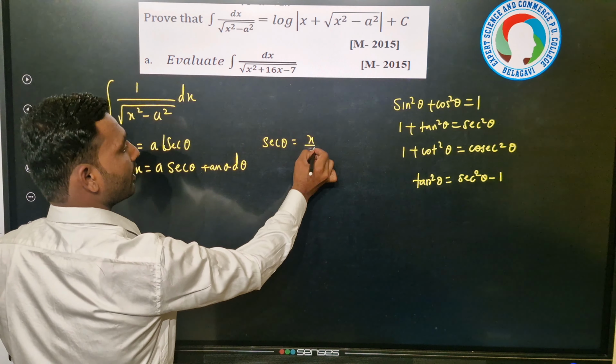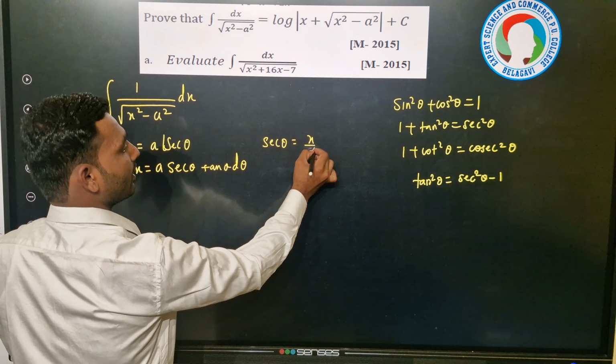Then 1 divided by square root of x square minus a square. So what is the value of x? a square sec square theta minus a square. And the value of dx is nothing but a sec theta and tan theta and d theta.